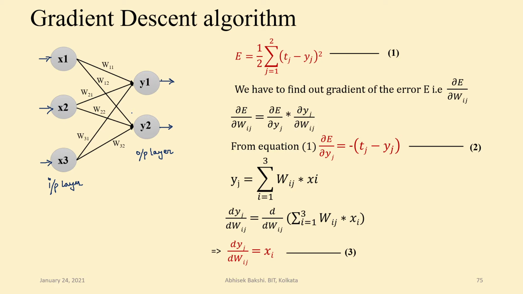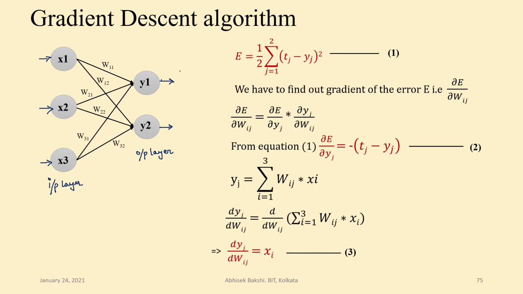We already have some desired value that I know, and I'm getting some actual value. So depending on the error, I will change the synaptic weights, that is W11, W12, W21, W22, W31 and W32.